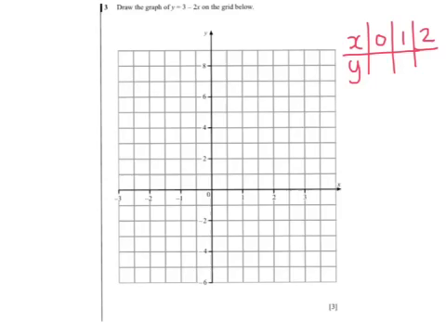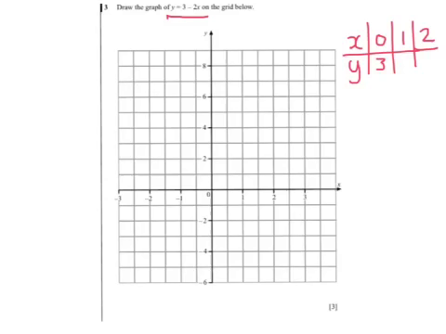So when x is 0, we're substituting that value of 0 into the equation. And from it we can quite clearly see, hopefully, that y is equal to 3 minus 2 times 0. So 3 minus 0, the y coordinate for the corresponding value of x is 3. Next, using x equals 1, that means that y is equal to 3 minus 2 times 1.